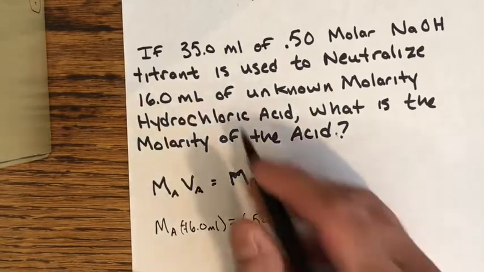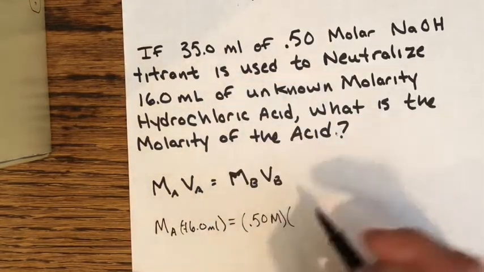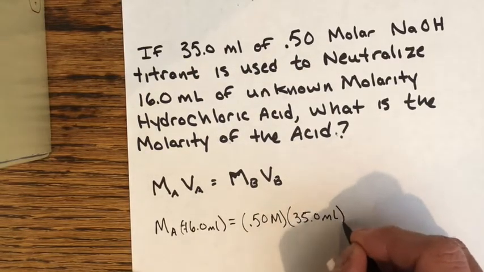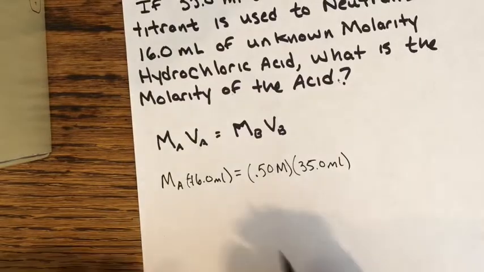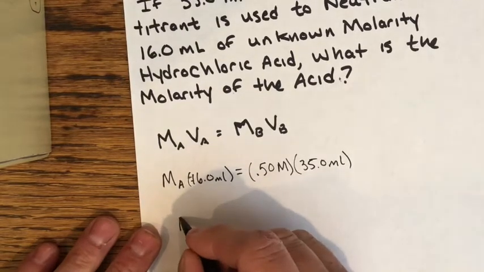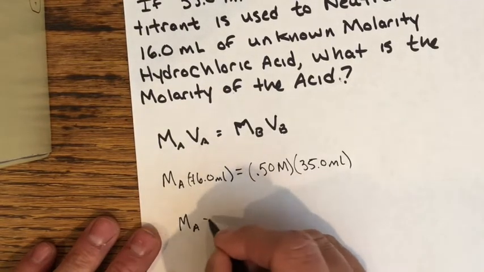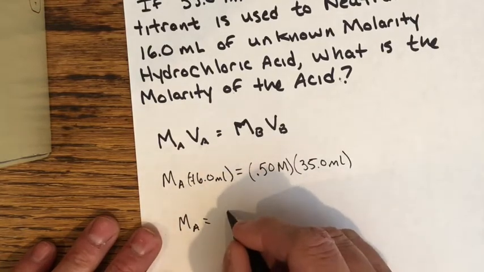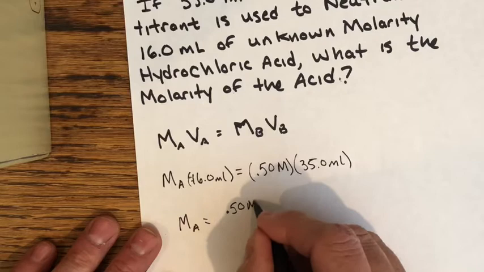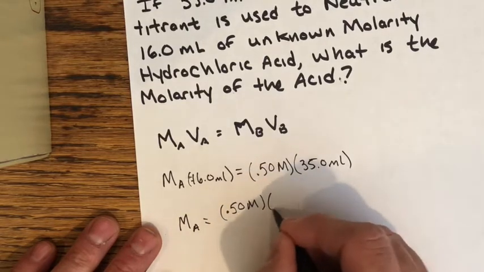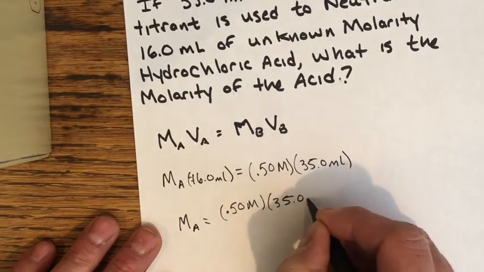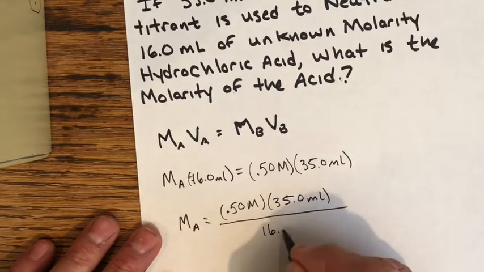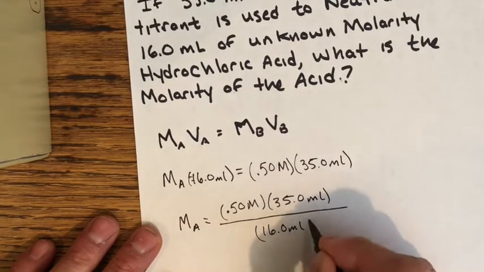And we know the volume of the base that got used, right? The 35 milliliters. Okay, so now we can just set this up. We're going to isolate MA by dividing both sides by 16. All right, so that puts the 0.50 molar times the 35 milliliters, all divided by the 16 milliliters here, okay?